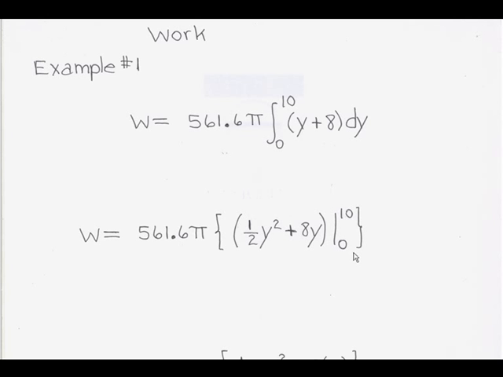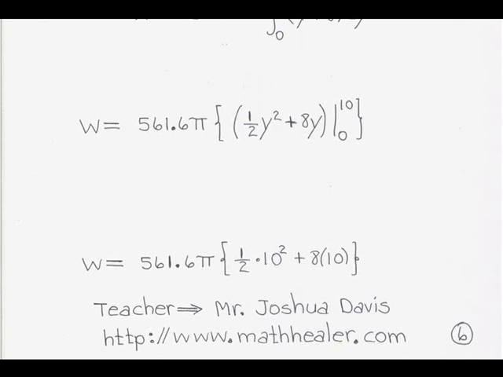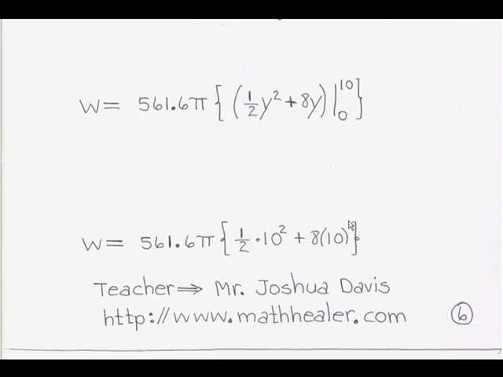And the interval of integration goes from 0 to 10. So now we have that W is equal to 561.6 times pi times 1/2 times 10 squared plus 8 times 10.